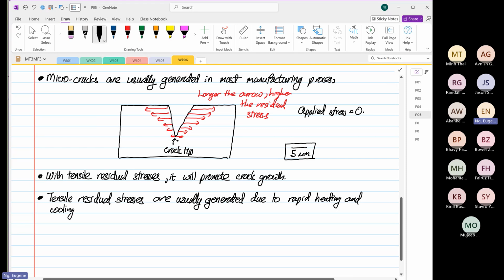Okay, so there is tensile residual stresses. So basically, rapid means it's under what? Thermal loading.